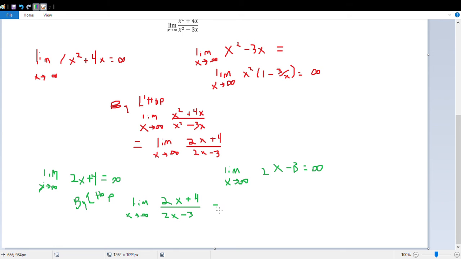That limit must be equal to, well, let's take the derivative of the numerator and the derivative of the denominator. The derivative of the numerator is 2, and the derivative of the denominator is 2, and the limit of a constant is simply the constant, and 2 divided by 2 is 1, and we're done.